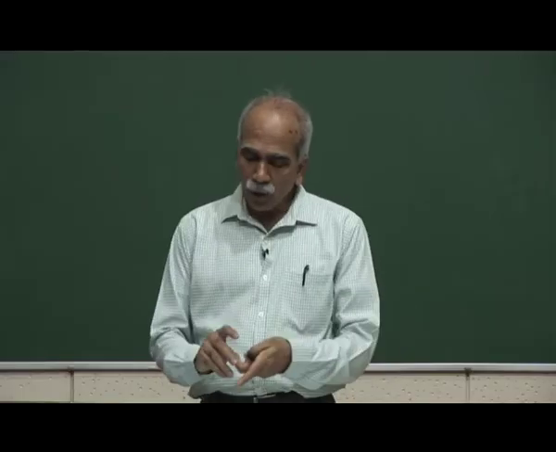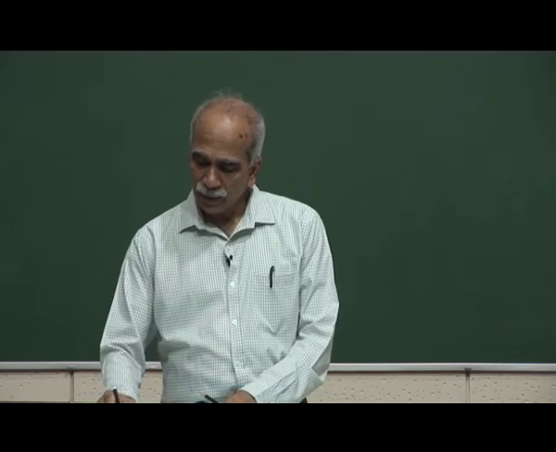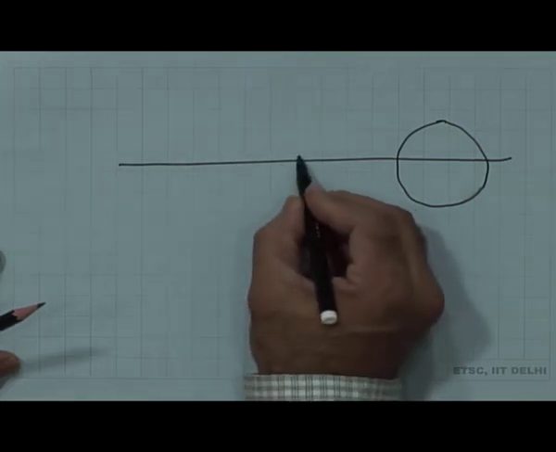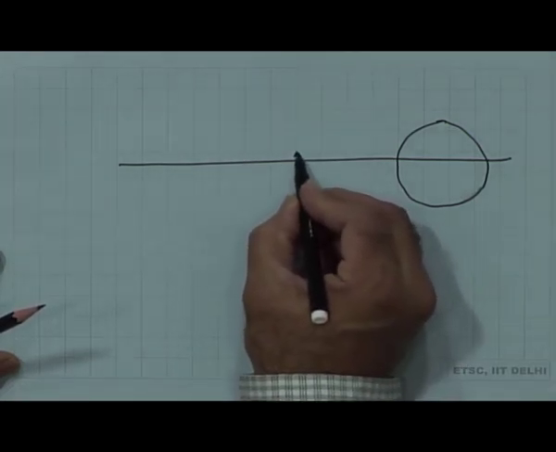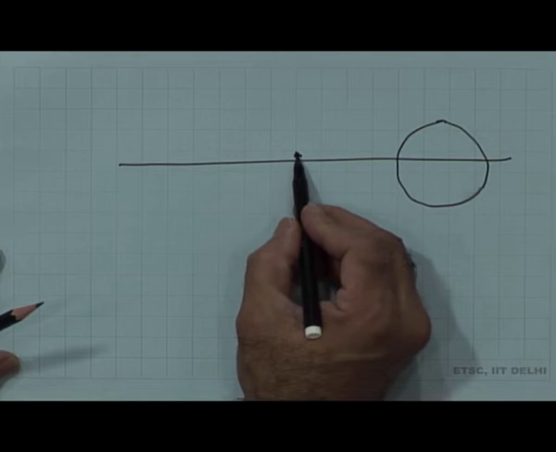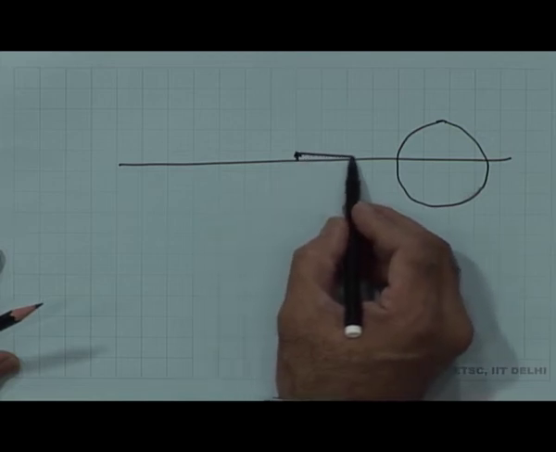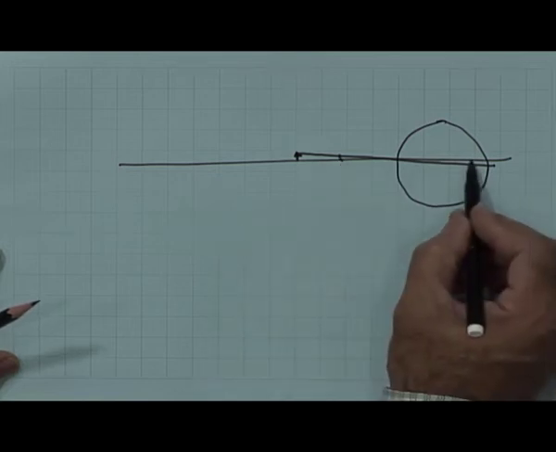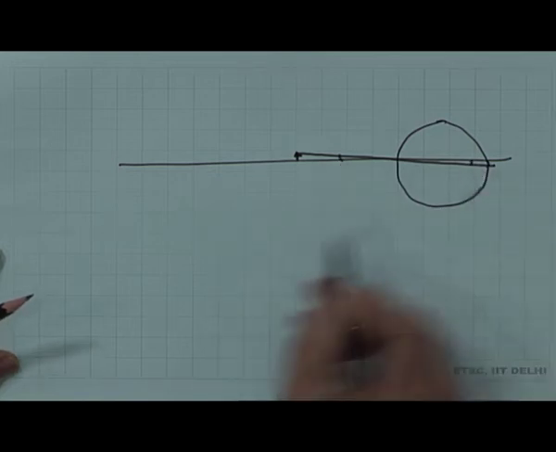But small objects, let me show the eye here and a small object which may be very close, like a very small pin, will also subtend a very small angle here, and that may be less than the angular resolution.